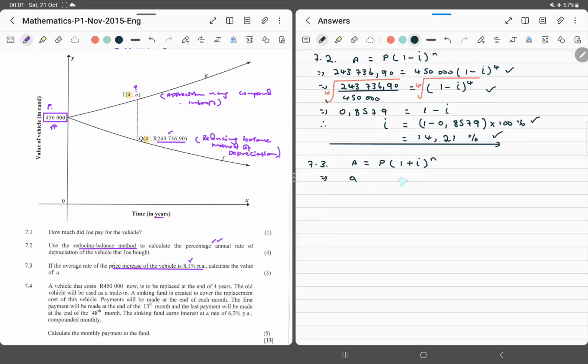This implies that the appreciated value is just A. P is 450,000 into 1 plus i. Now this is 8.1, so this is 0.081. Okay, this is per annum, so it's over a year. Now to the exponent 4, because it's also 4 years. And then we just simply get that value.